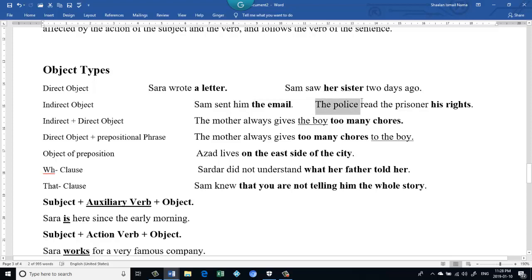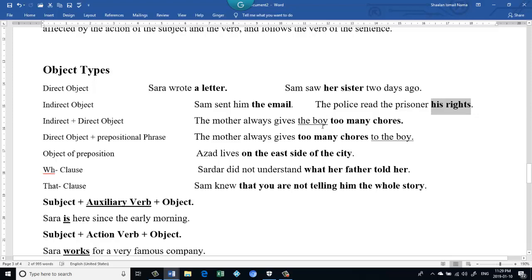If we look at this sentence, same thing: the police is the subject, right, is the verb. The prisoner is the first object. Then we have the second object, which is his right. It's going to be the indirect object.